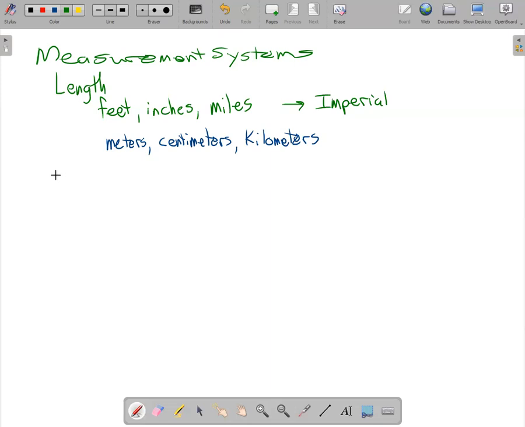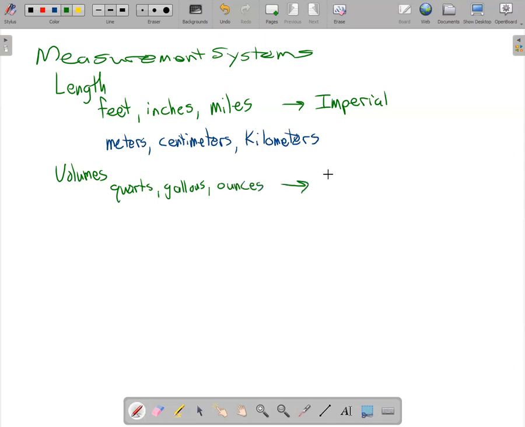Aside from length, we measure volumes. And in volumes, we will often do, say, quarts, gallons, maybe liquid ounces.